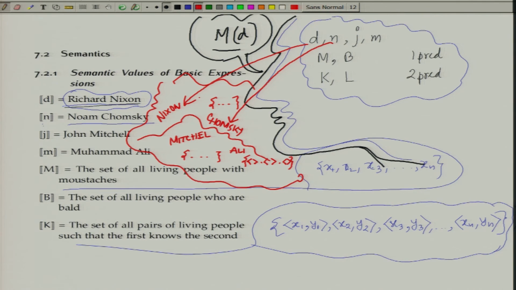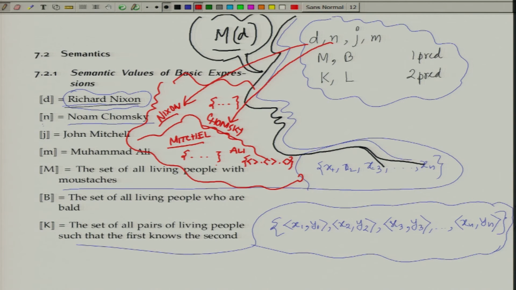So the point I was trying to make is the reality or the model here consists of Richard Nixon, Noam Chomsky, the objects, John Michel, Muhammad Ali, and some sets. So basically even sets do not exist in that sense.